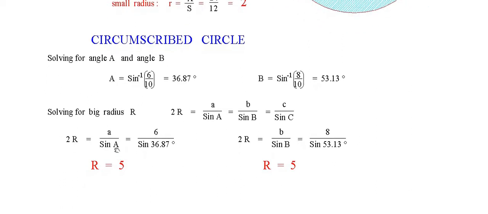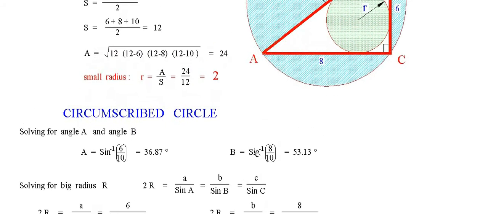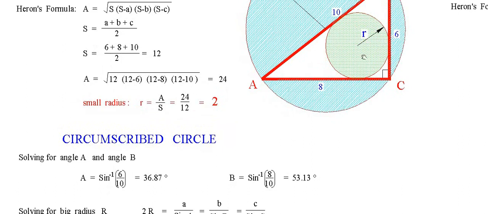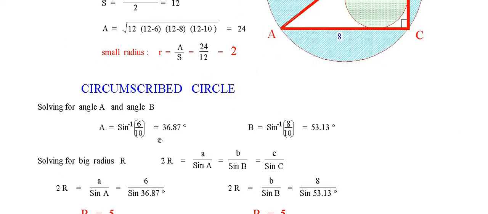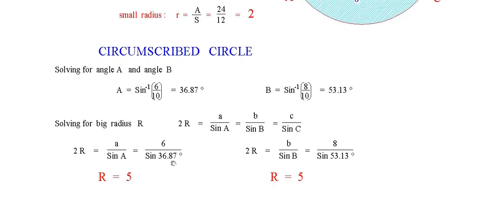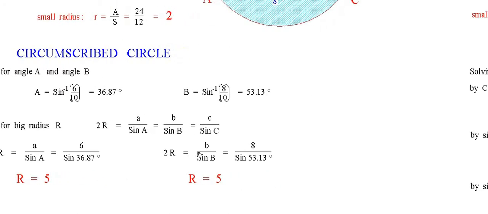Using this, side A over sine A, you have A is 6 over sine of 36.87. Then solving for R, remember we divide that by 2, or R is equal to 5.